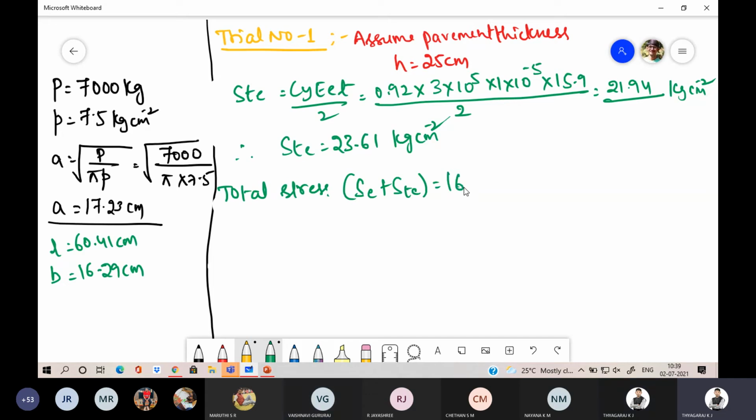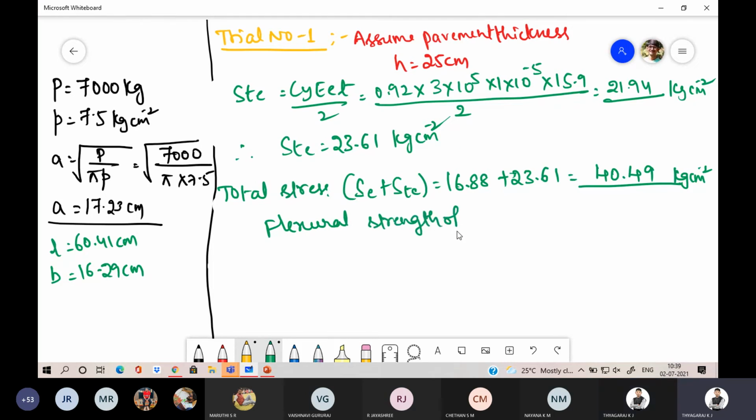What is that? 16.88. 16.88 plus 23.61. Check how much. Add these two. 40.49 kg per centimeter square. Then what is the flexural strength of concrete? 45 kg per centimeter square. Flexural strength of concrete is equal to 45 kg per centimeter square.